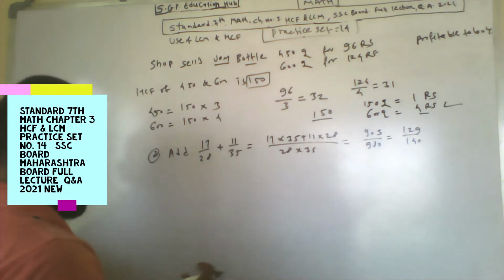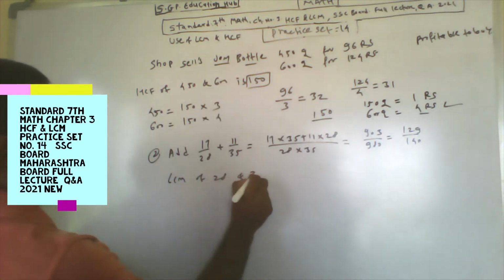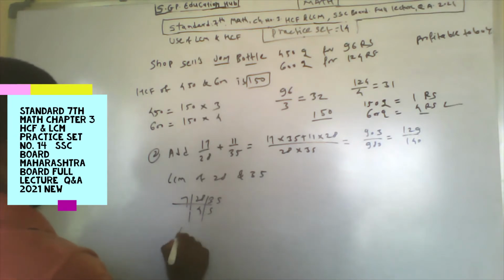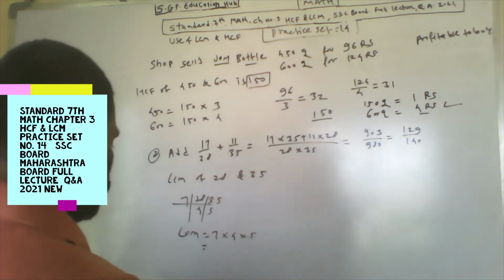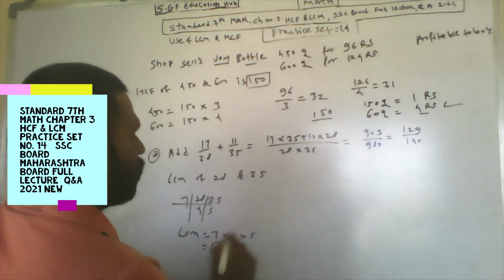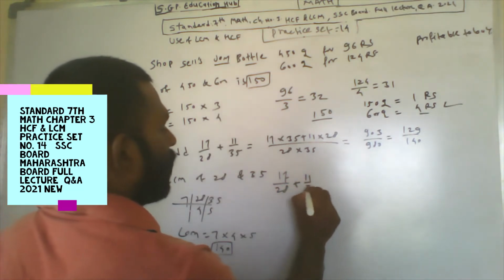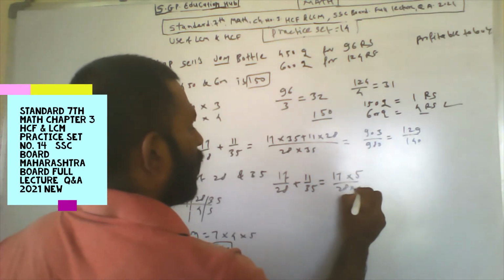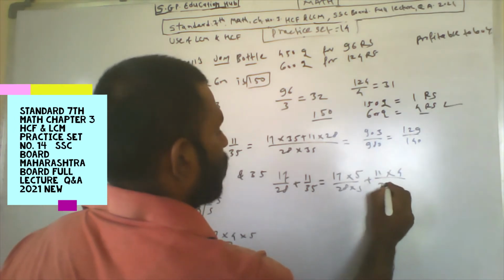But with the help of the LCM of 28 and 35, just find out 28 and 35. 7 4s are 28, 7 5s are 35. LCM is 7 into 4 into 5. What is the LCM? 140. Now put this value in the fractions. 7/28 plus 11/35 equals 7 into 5 upon 28 into 5, plus 11 into 4 upon 35 into 4.